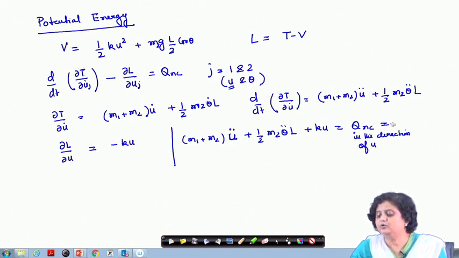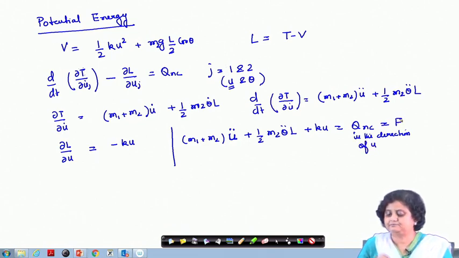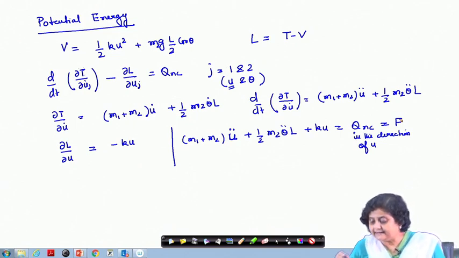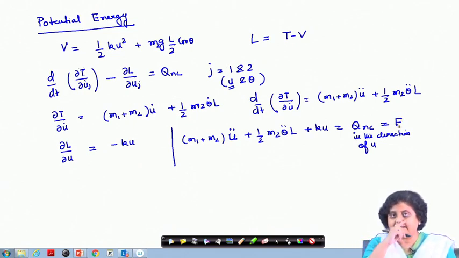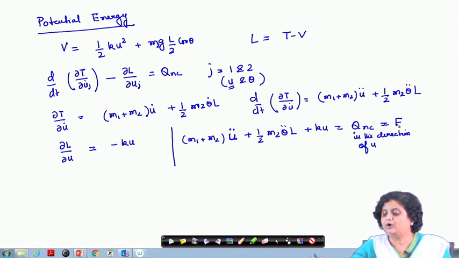That is going to be F, the externally applied force, which was applied in this direction.